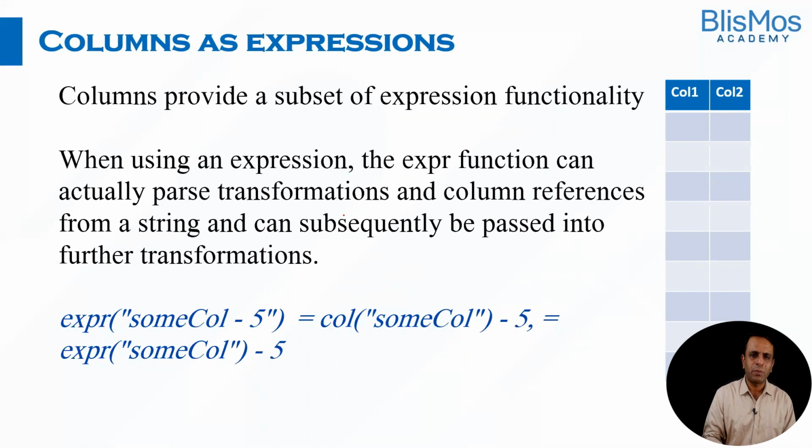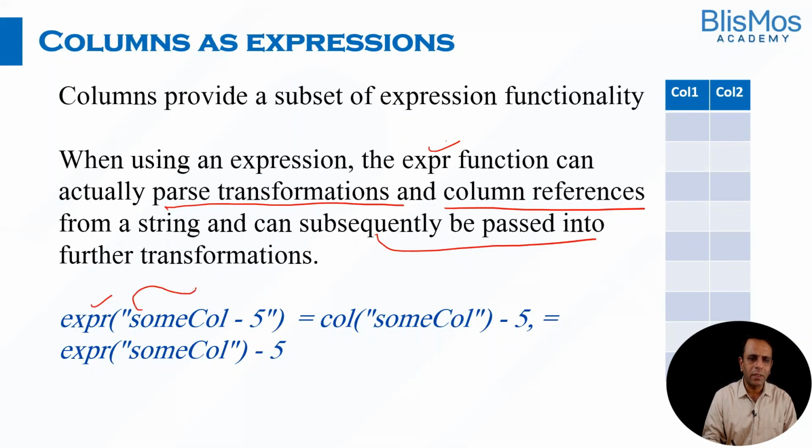When we are using an expression, the expr function or expression function can actually parse the transformations and column references from a string, and that will be subsequently passed on to the further transformations. For example, we are seeing an expression. We have some column minus 5. What is it? It is nothing but a transformation, right? So what expression is trying to do here is it is parsing this transformation and column references.